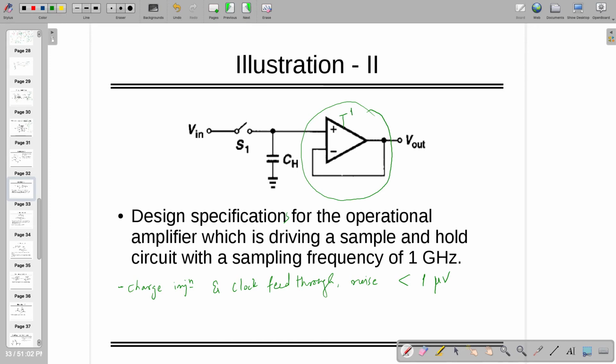And this is 1 volt, and now tell me, like gain, UGBW, slew rate, so what will be the value of gain? How do you find out gain, by the way? Yeah, maybe input resolution, or how much gain do you need.